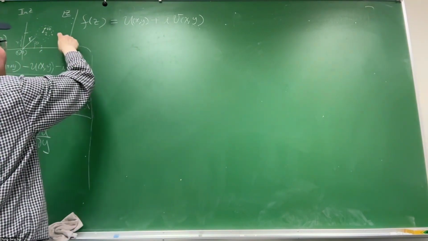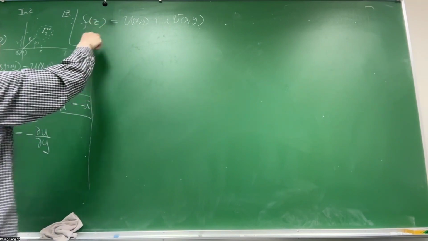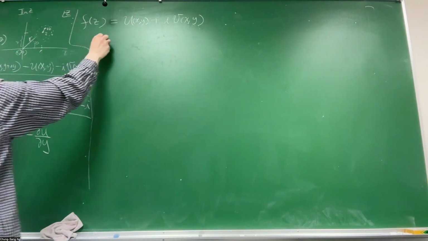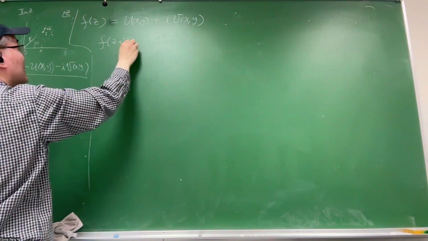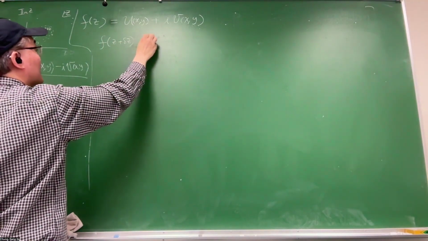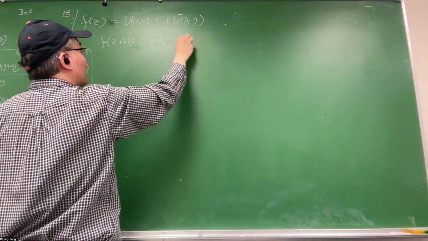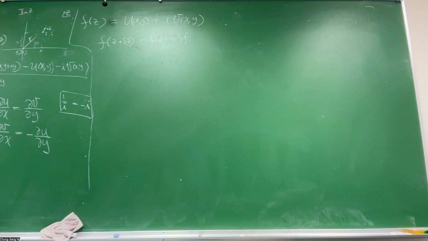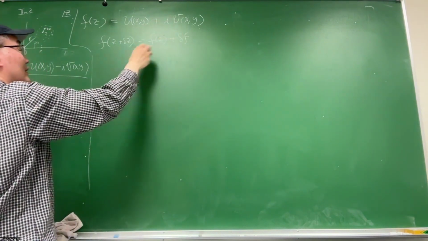So this f at z plus delta z would be like f(z) plus a delta f, right? And then you use this real and imaginary expression.